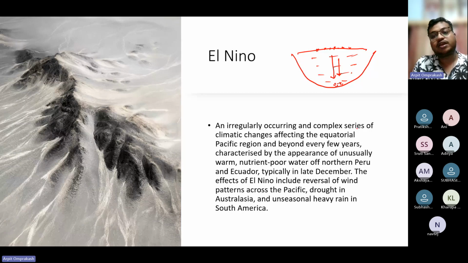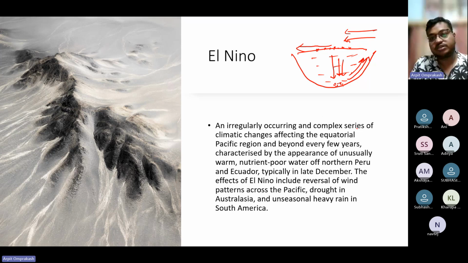Sorry, my mistake. So basically it goes down. And what happens is that due to winds that are flowing in this direction, the water that is present on the top surface is removed. So it goes this way, and therefore the water present in the bottom layers of this ocean comes up.